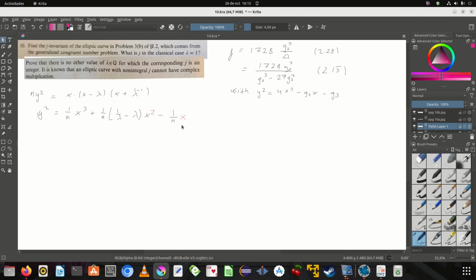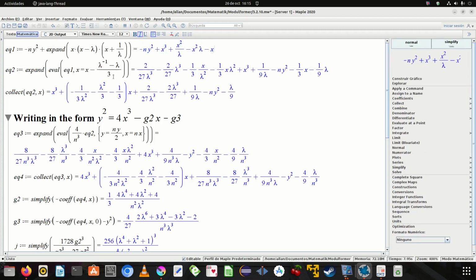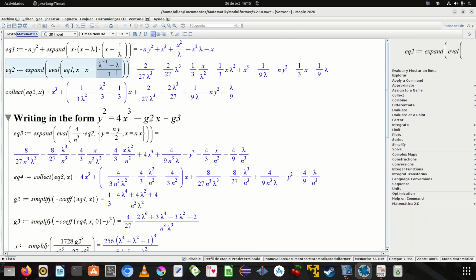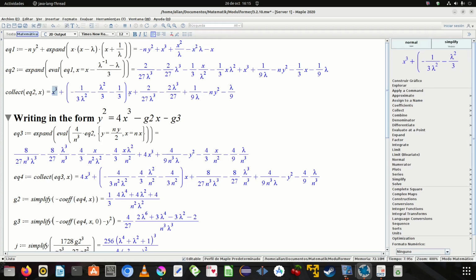Having found this error, I first wrote the equation, then we translate so that the coefficient of x squared vanishes. Collecting in terms of x, we see we have x cubed, x to the first, and y squared, and then this.